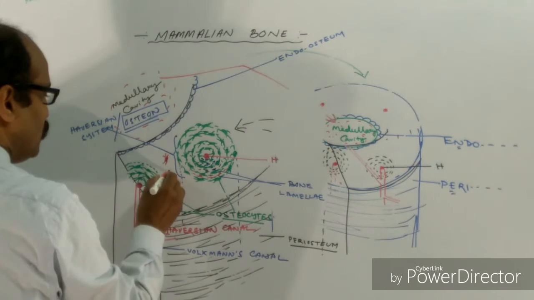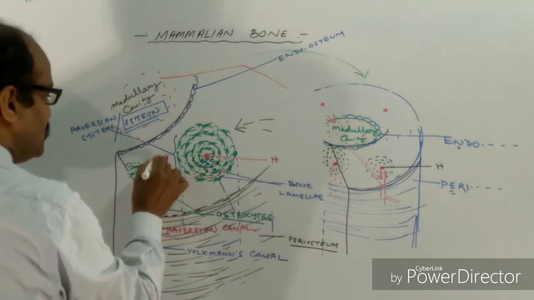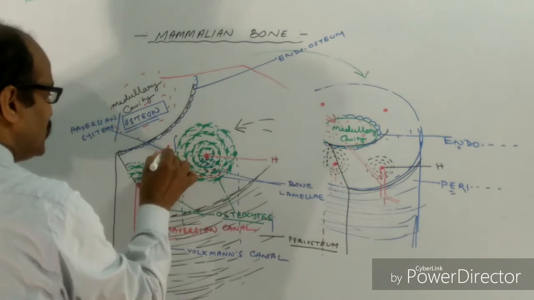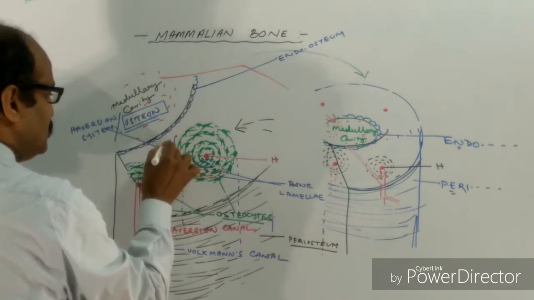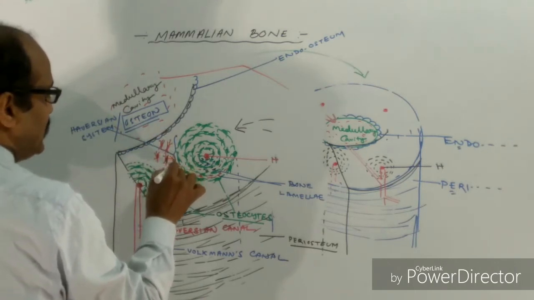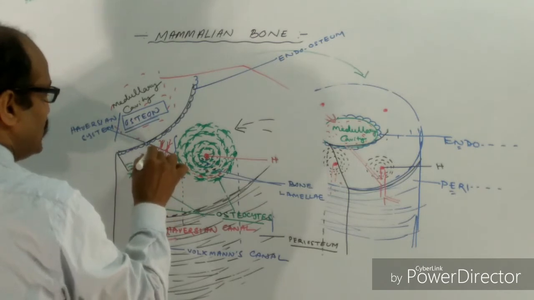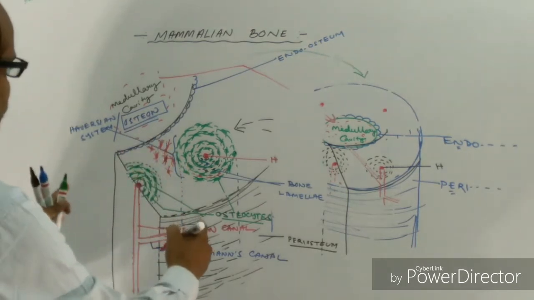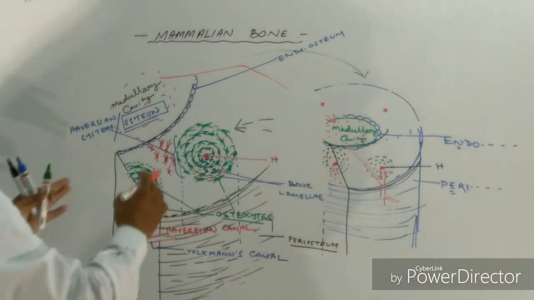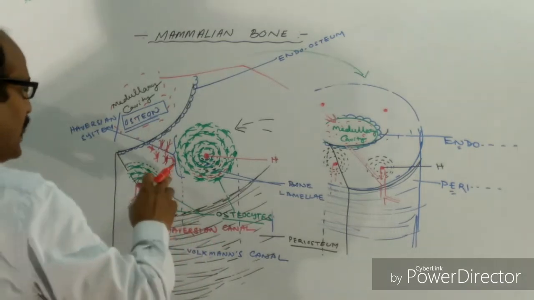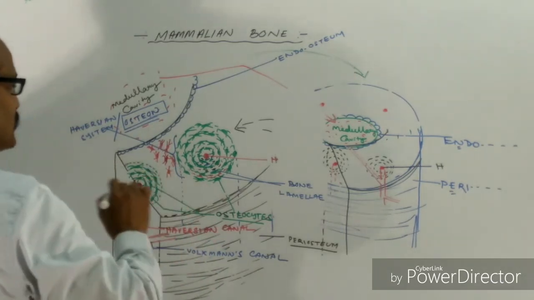Suppose that these are the osteocyte cells here, and this is the gap between the complete osteon and the older osteon. These osteocyte cells are present in such gaps, and this region is known as the interstitial zone, with interstitial osteocytes.